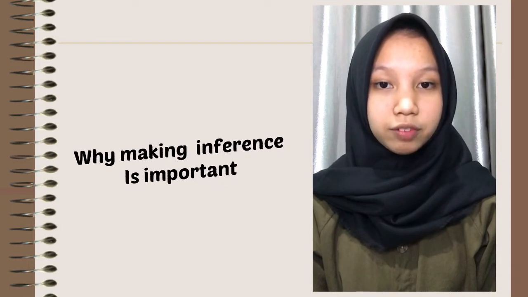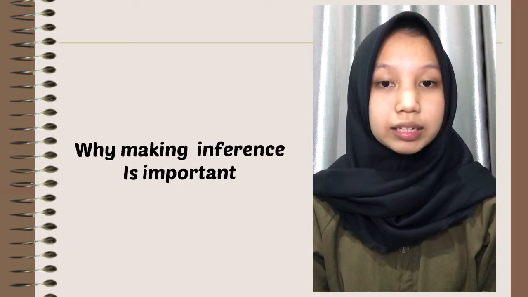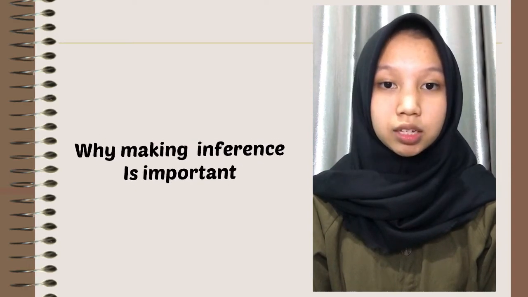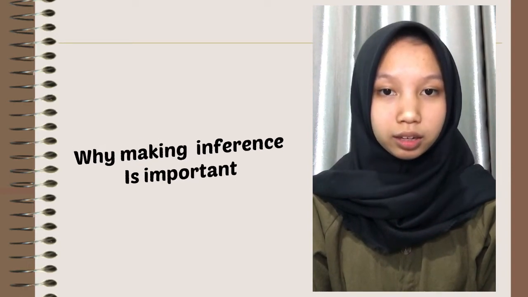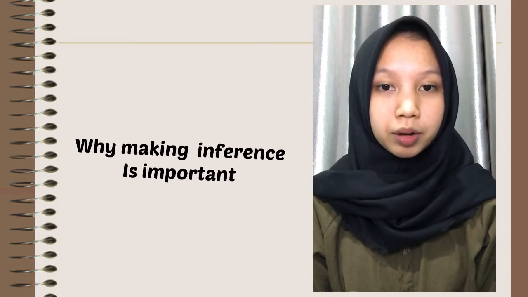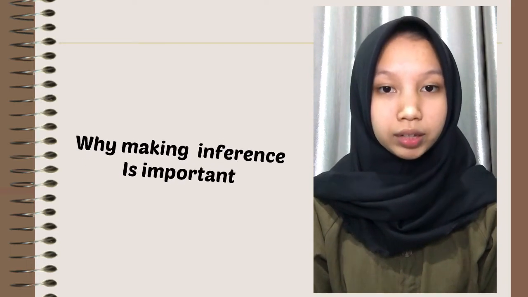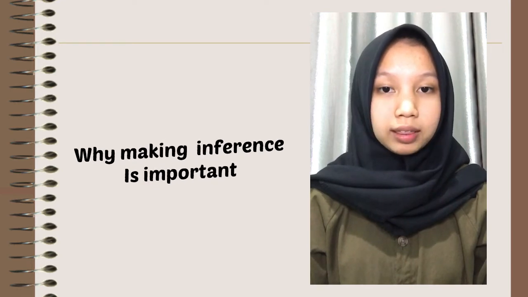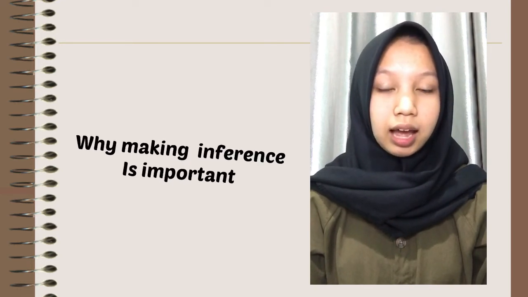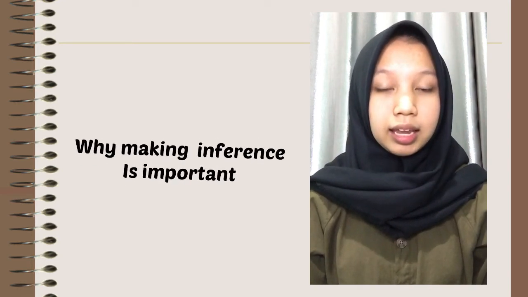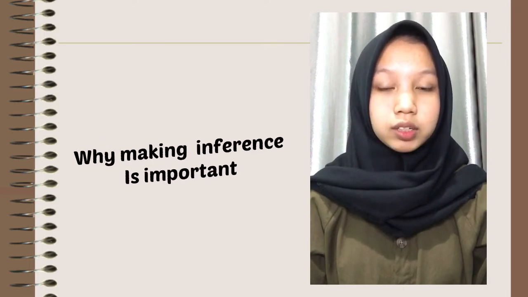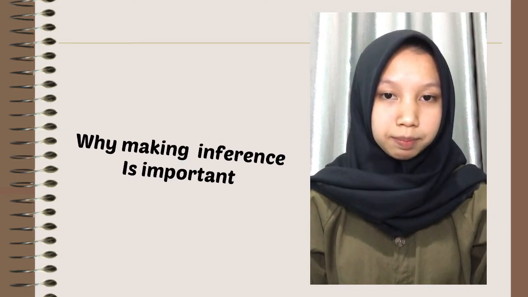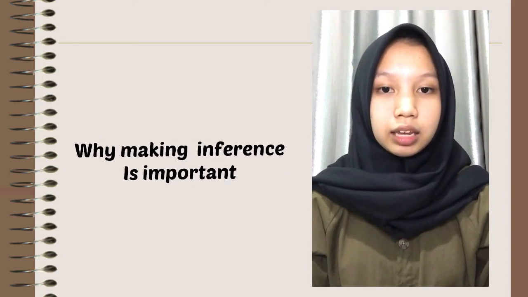Why is making inference important? Researchers have confirmed that thoughtful, active, proficient readers are metacognitive. They think about their own thinking during reading. They can identify when and why the meaning of the text is unclear to them, and can use a variety of strategies to solve comprehension problems or deepen their understanding of a text.